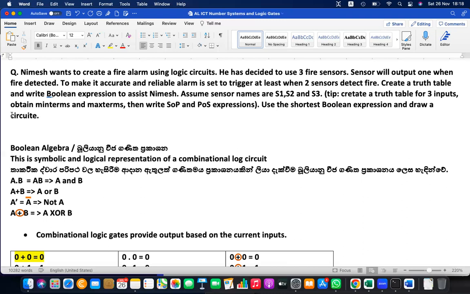Okay, please write this. Then create the truth table, then the min terms. Then write the Boolean expressions, min terms, max terms, and finally, after writing all, create the logic circuit for the shortest one.